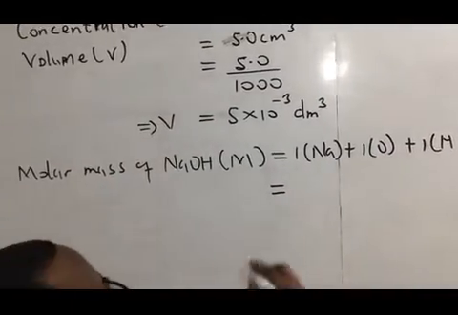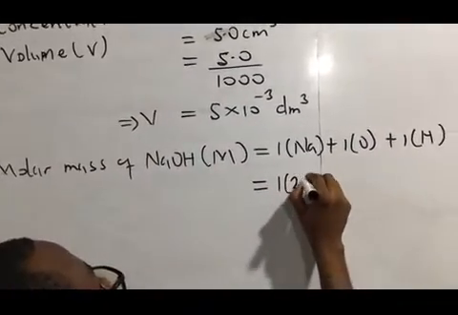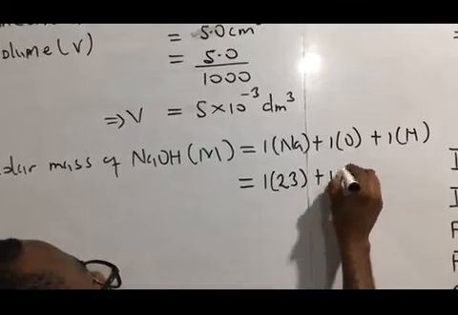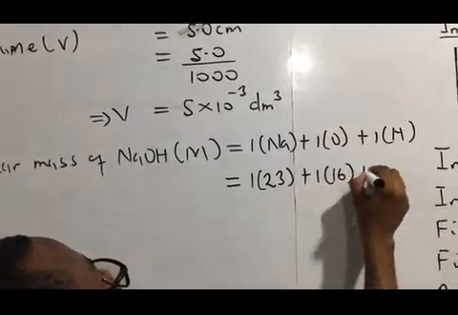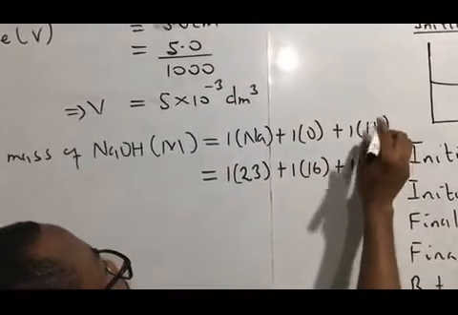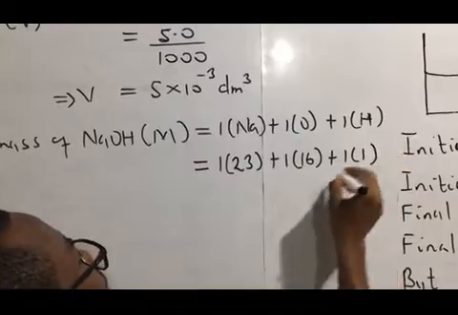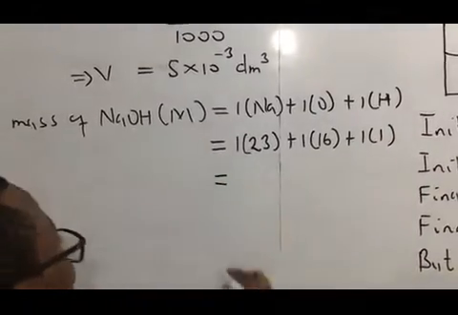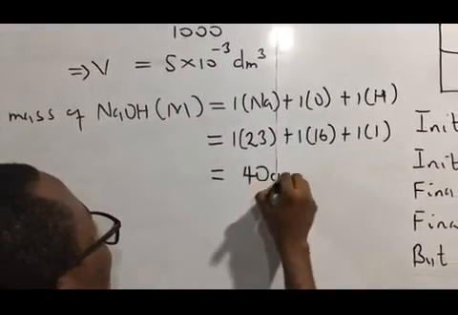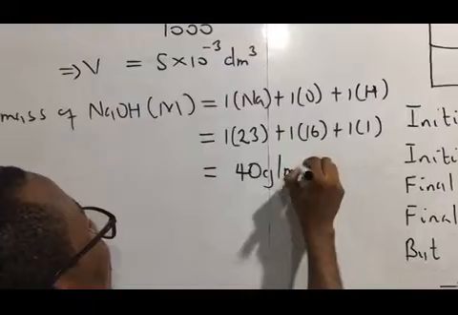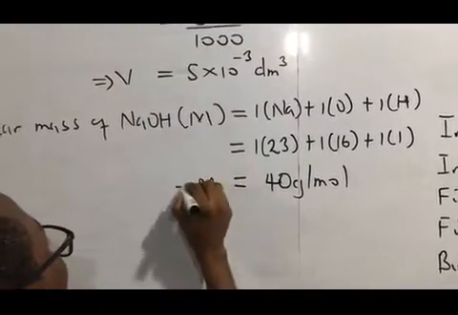From under the question, you have the Na given as 23, the value of O given as 16, and the value of H is given as 1. When I multiply that, that'll give 40 grams per mole. So that's the molar mass.